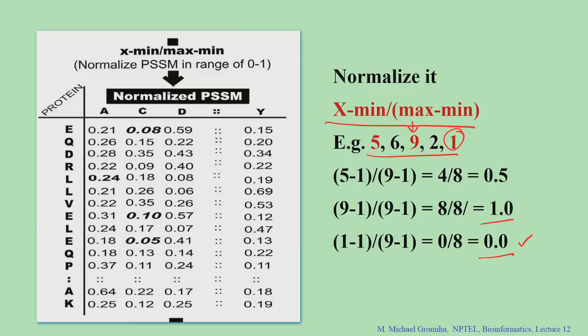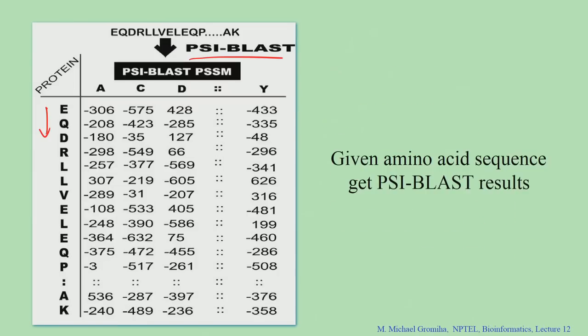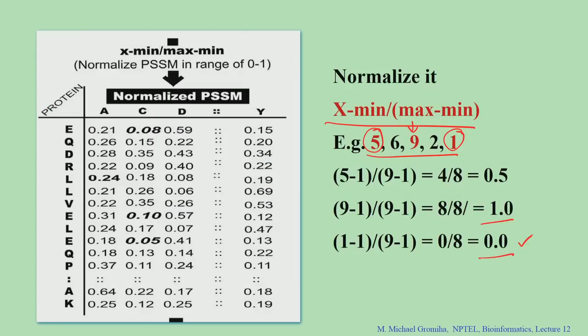Now if you take any other values, 5 or 6 or 2, what is the expected value? Between 0 and 1. So, we take this 5, and we get 5 minus 1 divided by 9 minus 1, this equals 4 by 8, this equals 0.5, that is fine. So, we can use this equation to normalize. Now if you see these numbers, very high numbers, they are normalized between 0 and 1.